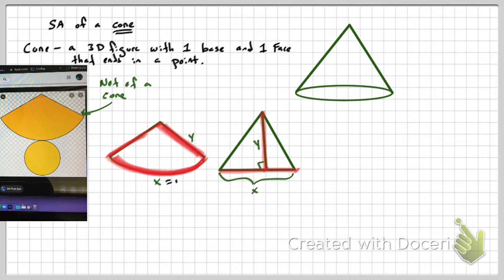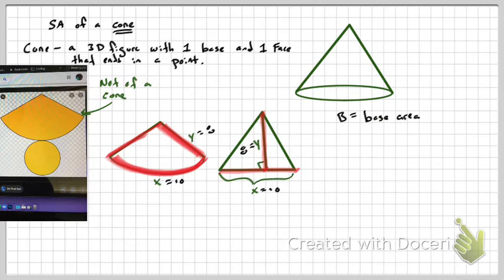So like if x was 10 and y was 8, those two figures would have the exact same area. So that makes it nice because we can simplify the second part of our formula to use the formula for area of a triangle and not have to worry about area of a sector, which, trust me, is way easier.